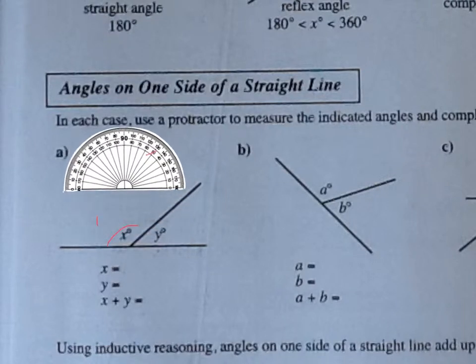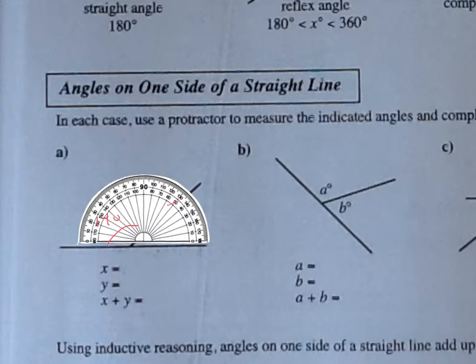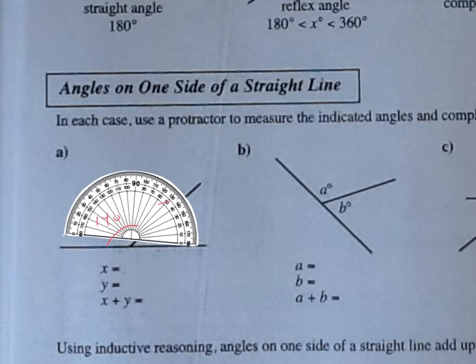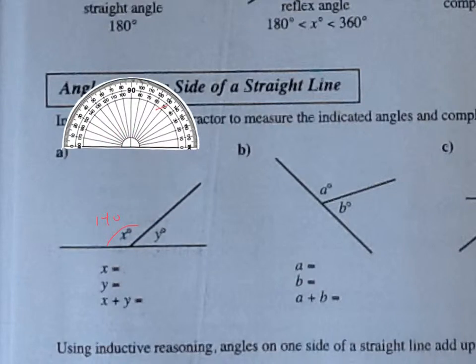Okay, so that's 140. If we measure the interior one, we should get 40 degrees. So x is 140, y is 40, together they're 180.